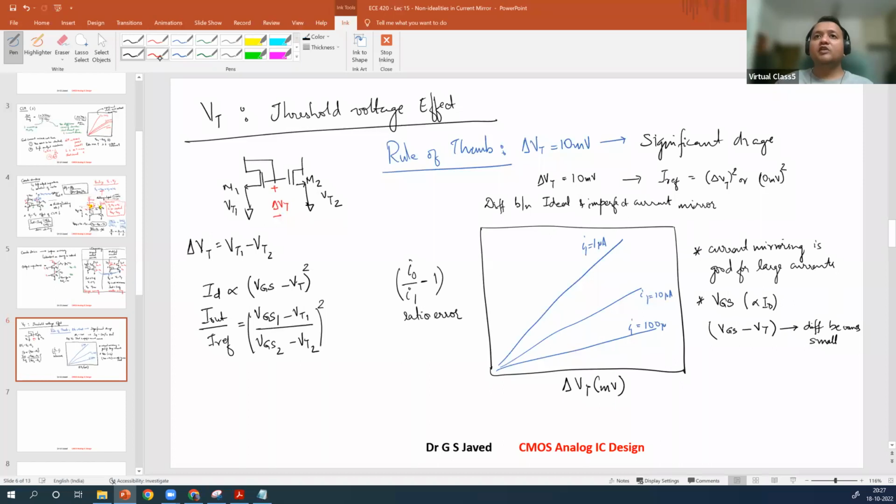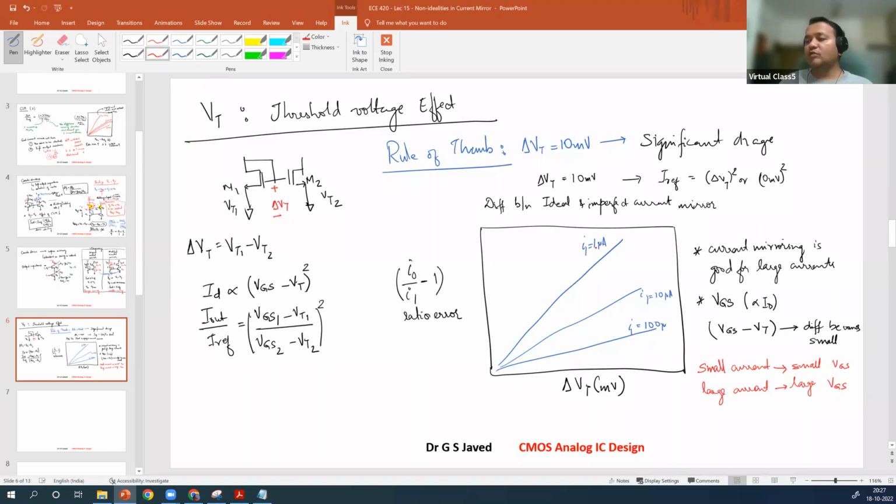Otherwise, when you have small current, you have small VGS; with large current, large VGS. Right? So as you're in large VGS, if some VT shift occurs, the current doesn't get impacted much.